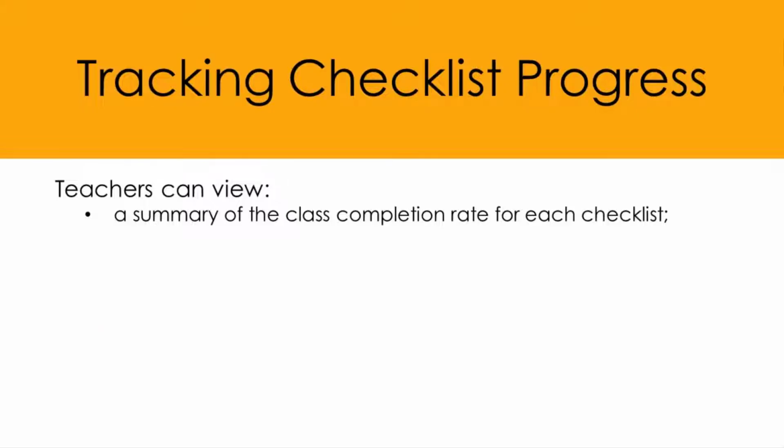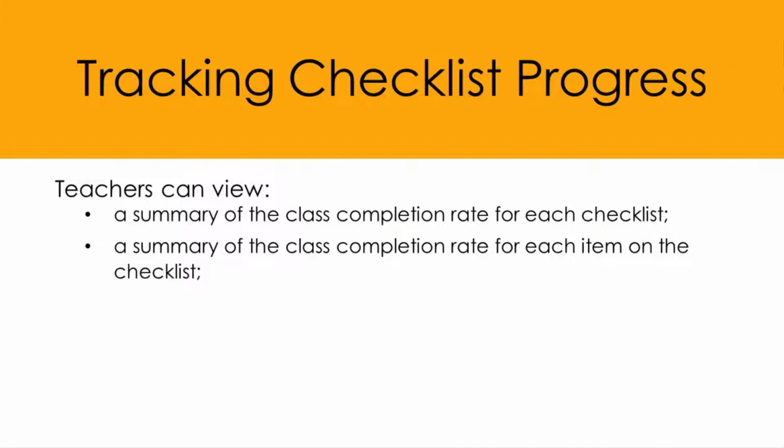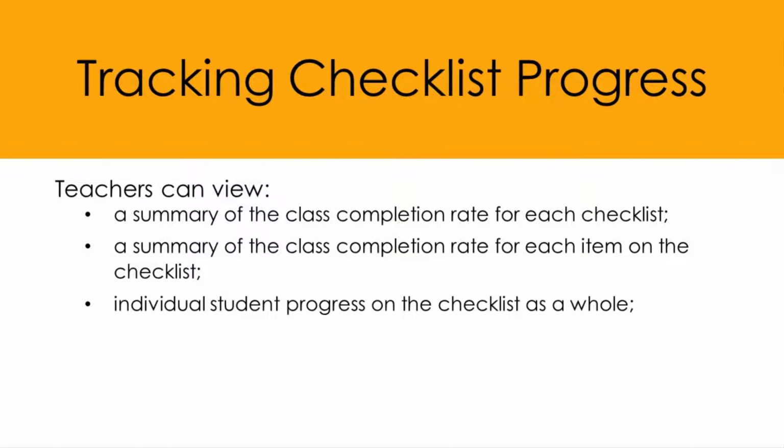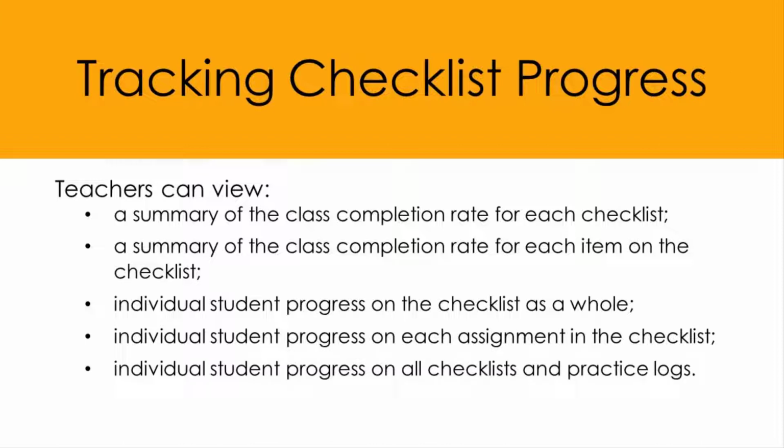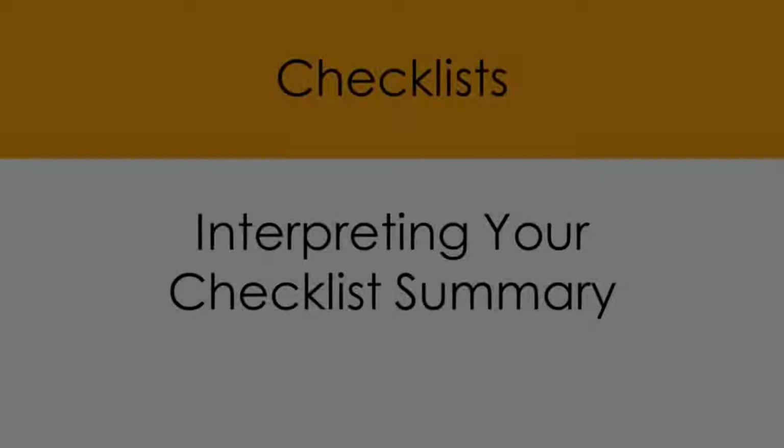Teachers can view a summary of the class completion rate for each checklist, a summary of the class completion rate for each item on the checklist, individual student progress on the checklist as a whole, individual student progress on each assignment in the checklist, and individual student progress on all checklists and practice logs.